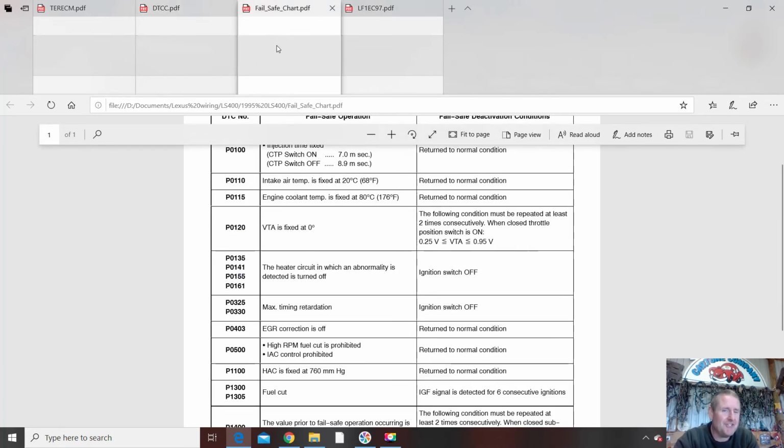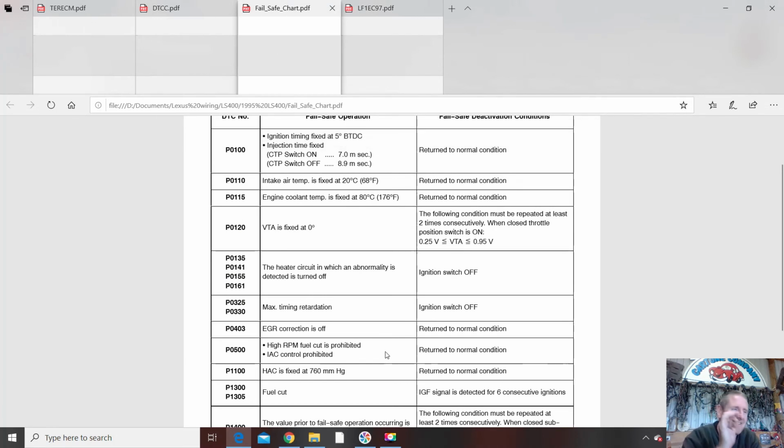The fail-safe condition is, and for you guys that want to get rid of your high speed fuel cut, high RPM fuel cut is prohibited. High speed fuel cut is prohibited. And the idle speed control is prohibited as well. So it turns the idle speed control off.